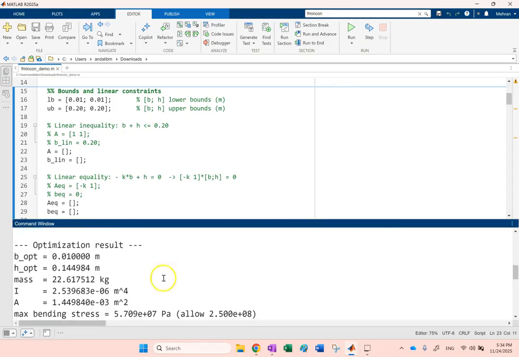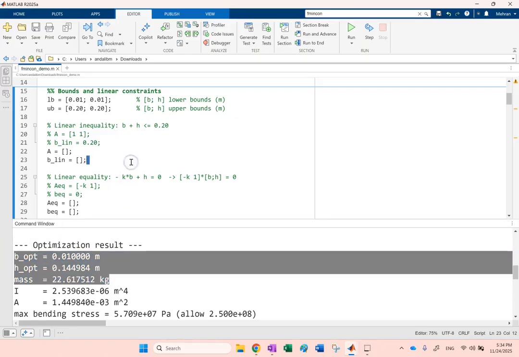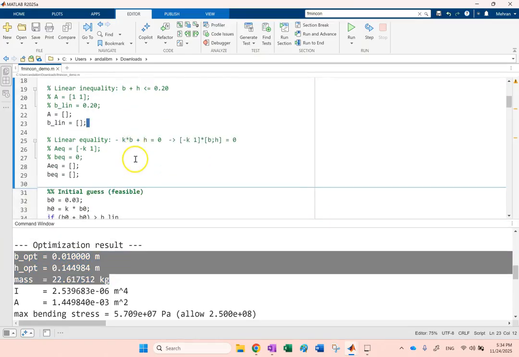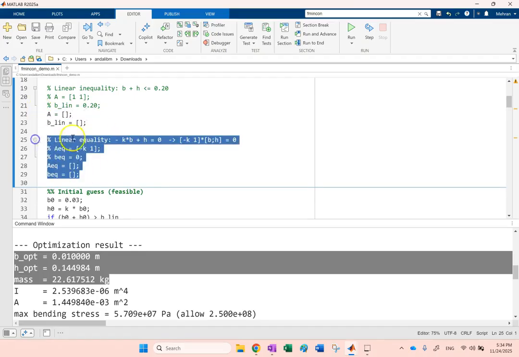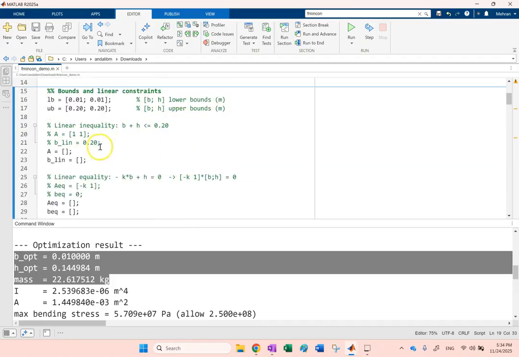That's very interesting. And the result is almost the same as before. So that did not do much of a change, because apparently the solution that was found last time already satisfied this linear inequality.